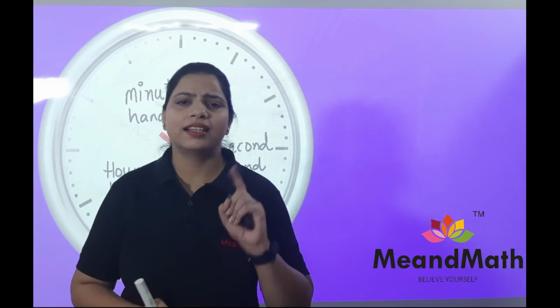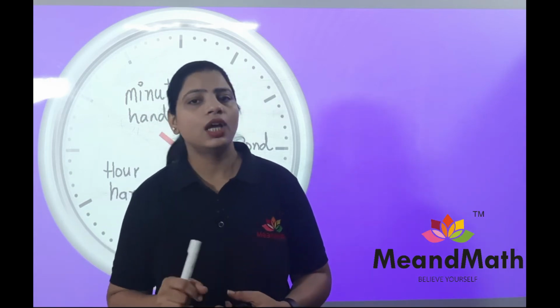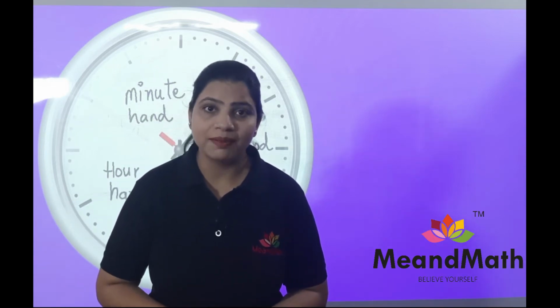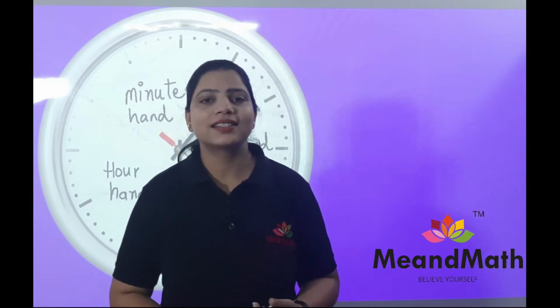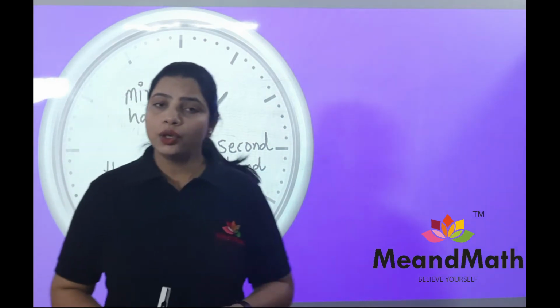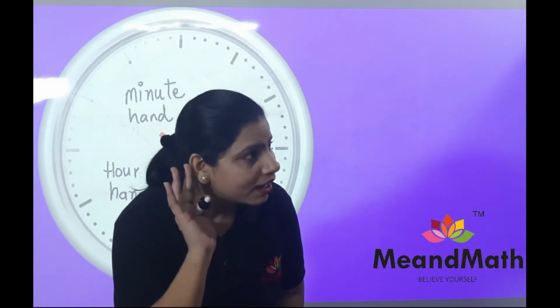First is the smallest one, which is called the hour hand. Second, which is longer than the hour hand, is called the minute hand, and the last, thinnest and longest, is called the second hand.